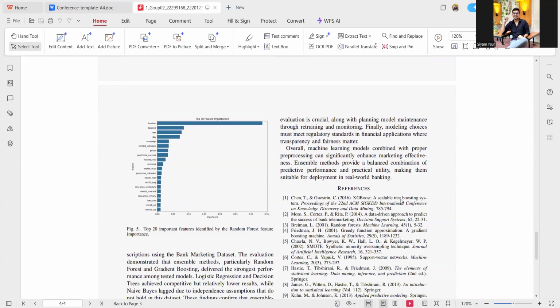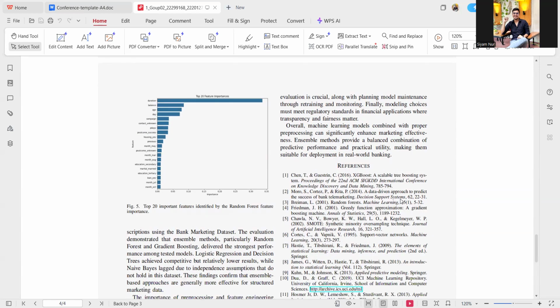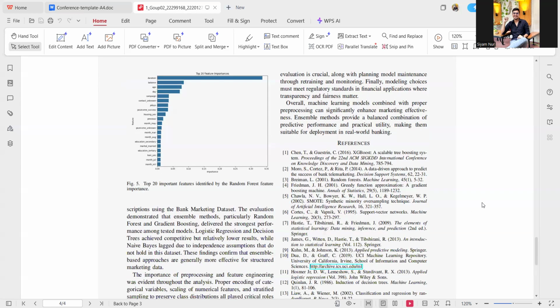Additionally, our feature importance analysis provided valuable insights into what drives customer subscription decisions. Call duration, client age, and previous campaign outcomes were the most predictive factors.